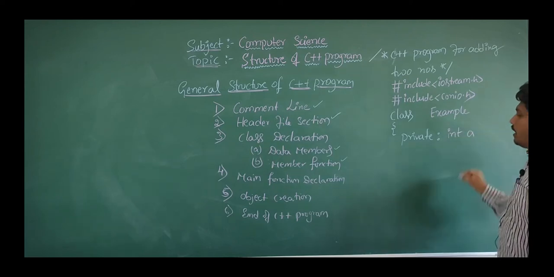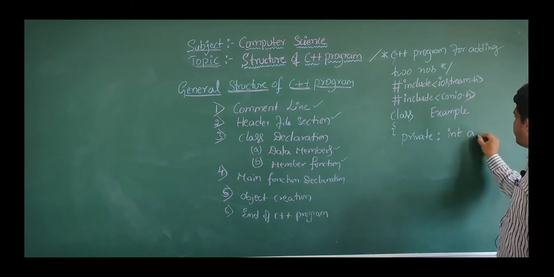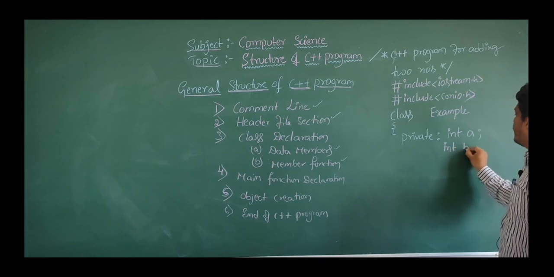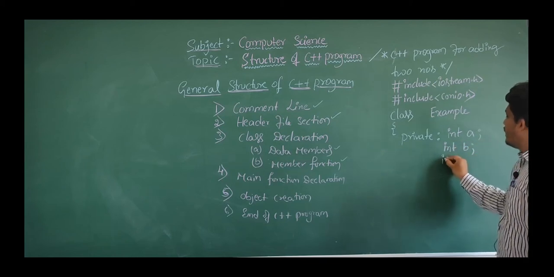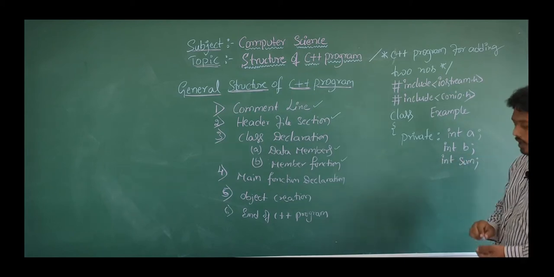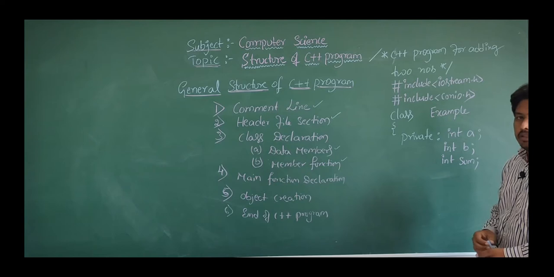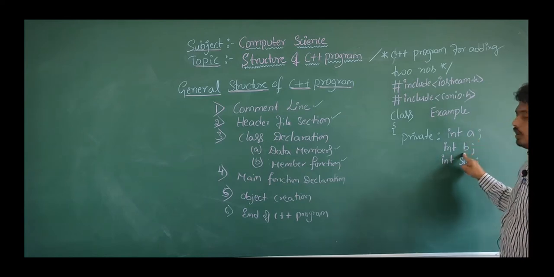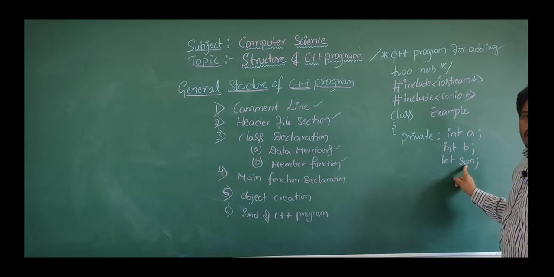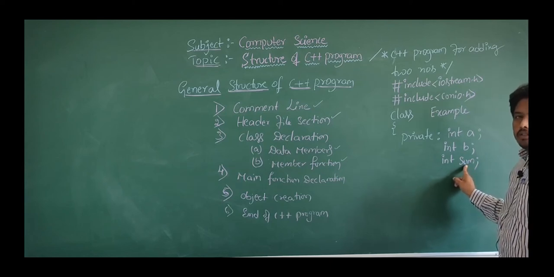For example, I have written int A, and I require another variable int B and another variable int sum. Because I am performing addition of two numbers, for storing the values of A and B I have taken two variables, and for storing the result I have taken a variable called sum.